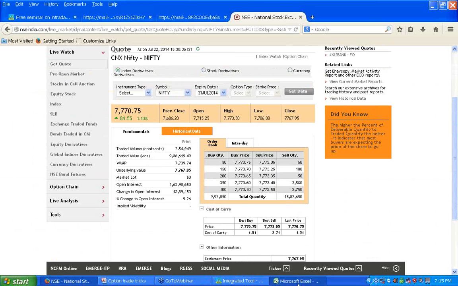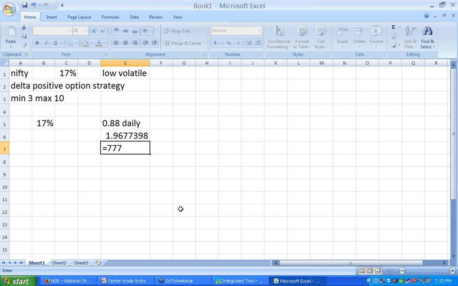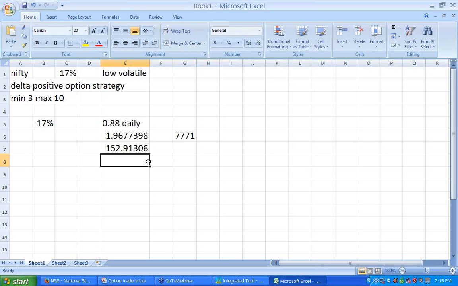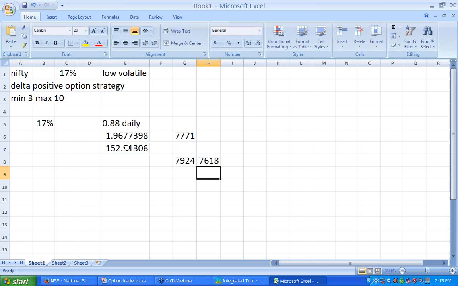This is the volatility I can expect in the Nifty, which is currently at a price of 7771. Round it to 7771, and I take this divided by 100, so it is 153 points of oscillation I am expecting in the Nifty. So 7771 is the level, and I am expecting 153 points of price oscillation in the coming 5 days. So I may get the Nifty at a level of 7924 on the upper side, and 7618 on the downside.